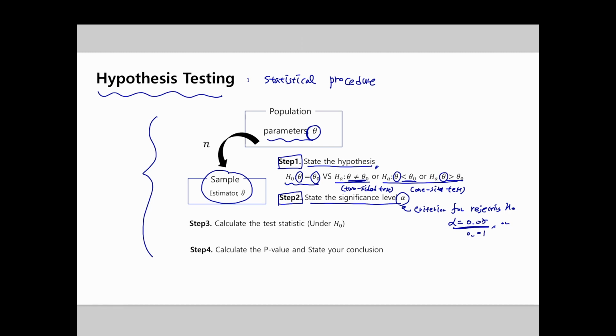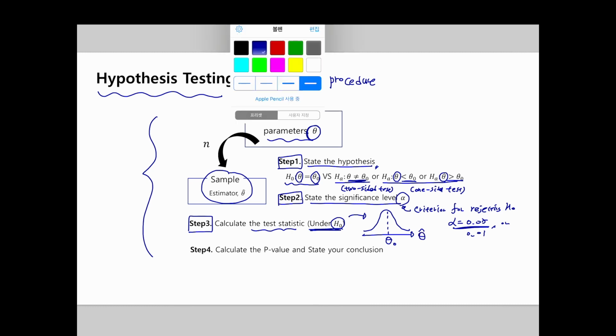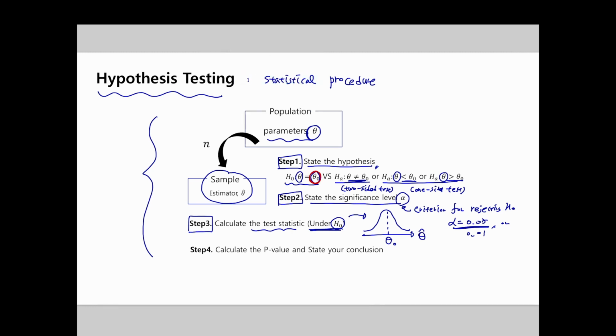In step 3, we calculate the test statistic under H0. That is, under H0, we can draw the distribution of the estimator, centered at theta 0.